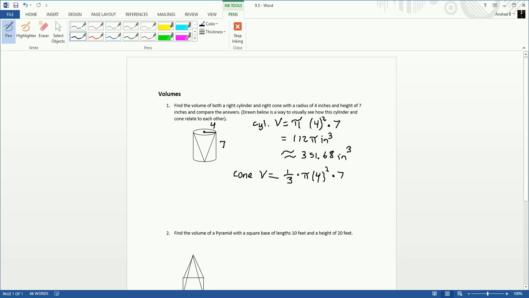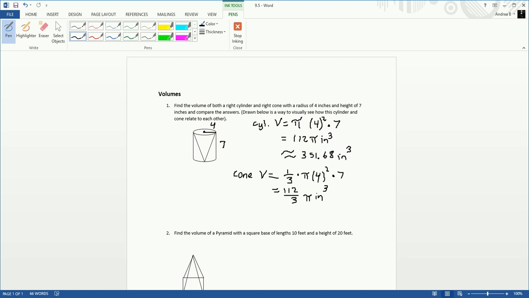So in this case, we would have 112, but it'd be over 3 this time, pi, and then cubic inches. And like normal, anytime you're dealing with a fraction, you want to make sure to simplify it if you can.